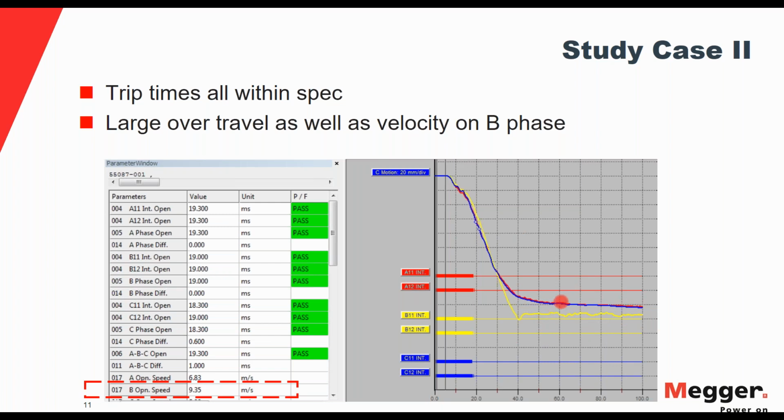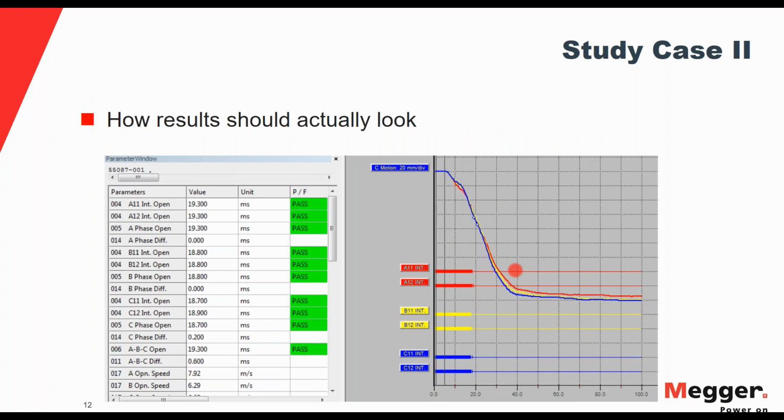All of this is not indicated in the timing test. They can only see it through a motion test. When they adjusted the mechanism for phase B again, or fixed it, things went back to nominal. But even before and after this fixing, the trip times really did not change.